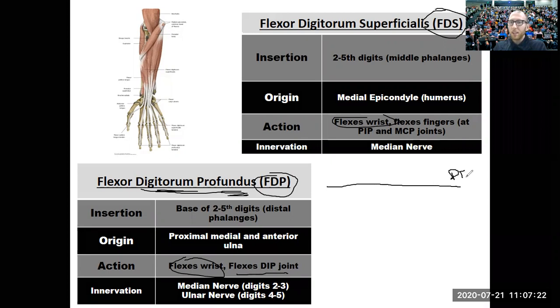So let me just write in DIP joint here, but up here the superficialis, which is on top, stops at the PIP joint. So it cannot have any action on the DIP. It only has action on the PIP and the MCP joints because it stops before it gets to the DIP joint.